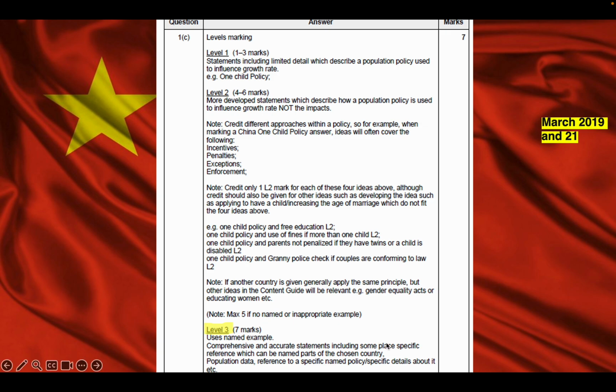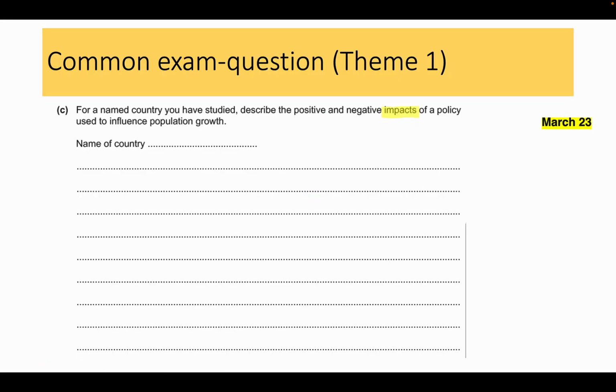But this must include place-specific reference. So we mentioned Beijing, for example, Tibetans, if we're talking about ethnic minorities. Population data, we've already looked at briefly, but we also will look at some more data. So this will help you achieve, hopefully, 7 out of 7.